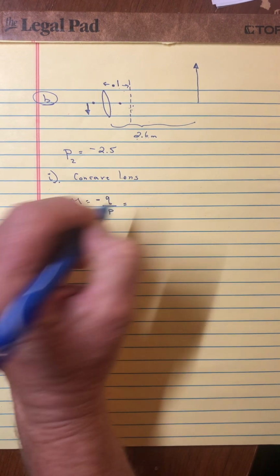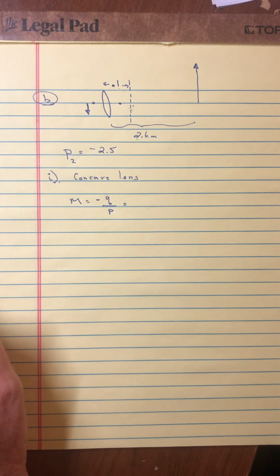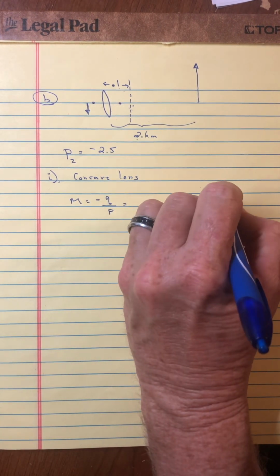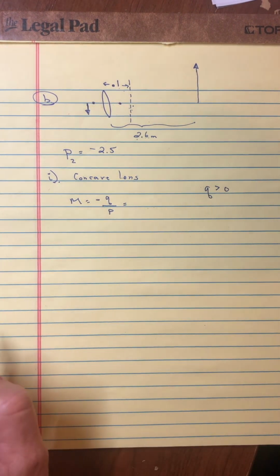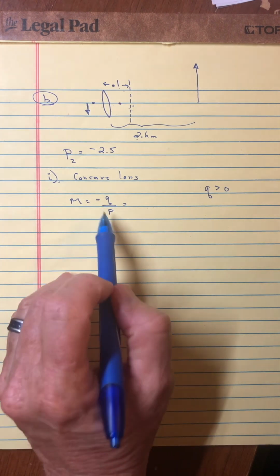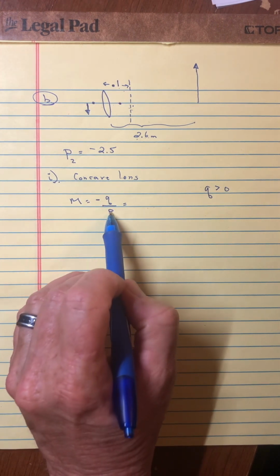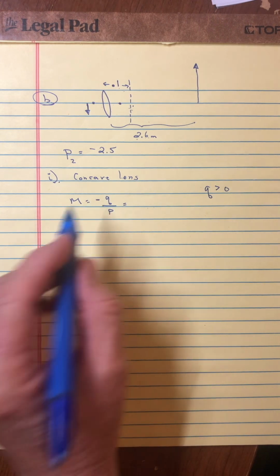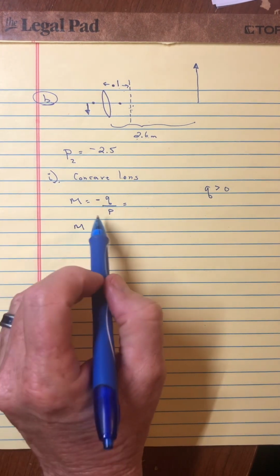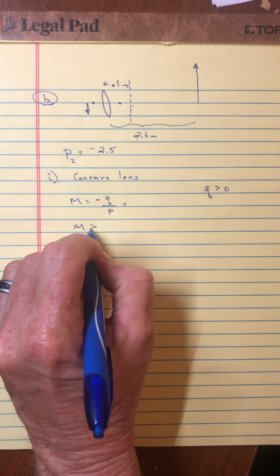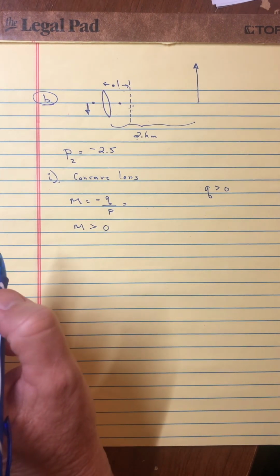I suppose another way of answering that is to remember that the magnification is minus Q over P. And like we did in part A, we know that the Q has to be real to be projected on the screen. And in this case, the P is negative. And so that means our magnification has a negative on the top and a negative in the bottom, and so it is greater than 0.